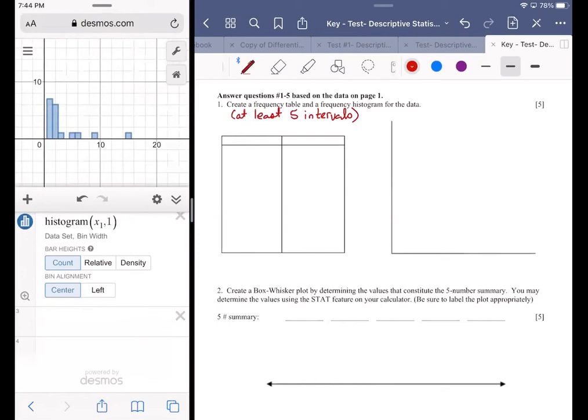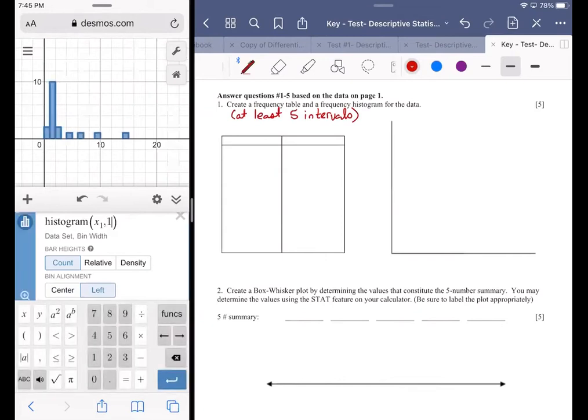I could also change the alignment of my bins. I can make it aligned on the center or to the left. We like a left alignment, all right? So these are the settings that we want. This one could be whatever you want, but we want it aligned to the left.